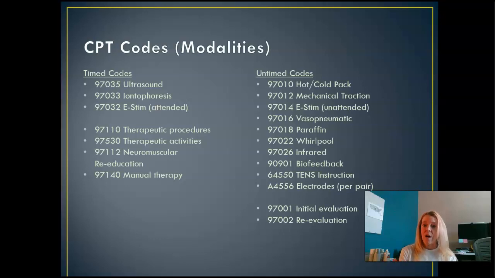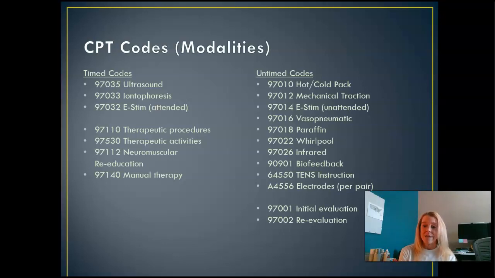Untimed codes are a lot of your modalities, so things like hot packs, cold packs, unattended eStim, which is most of what we have done, paraffin, whirlpool, biofeedback, TENS. Also your initial evaluation and your reevaluation fall under there. So what that means with untimed codes is that it doesn't matter how long you do that particular treatment.